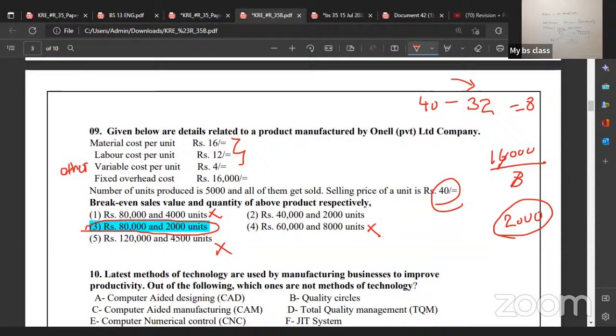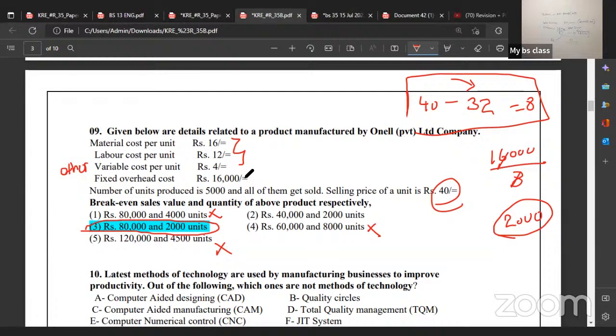Right now, break even point. The first step is the contribution. It's really easy, right? Selling price per unit, variable cost per unit. So selling price 40, so 40 minus 32 is 8. Contribution is 8. In our total overheads, we take the fixed cost, 16,000.